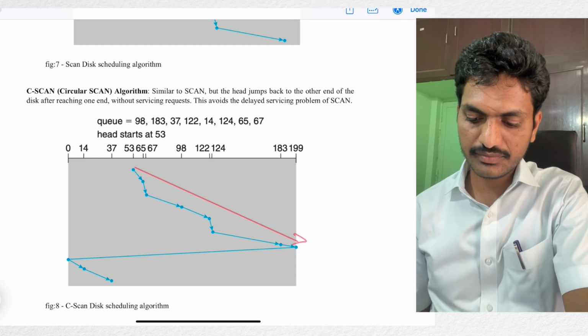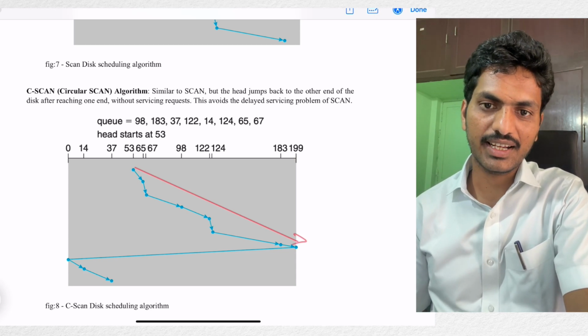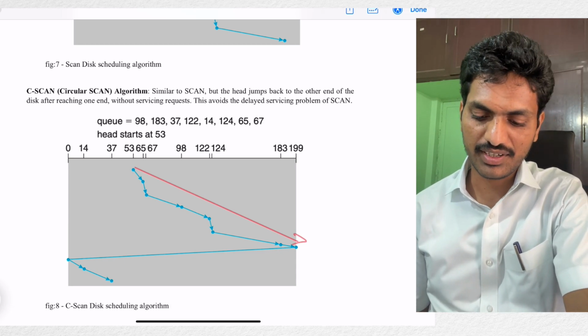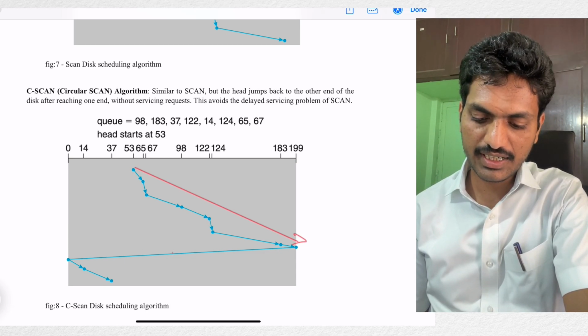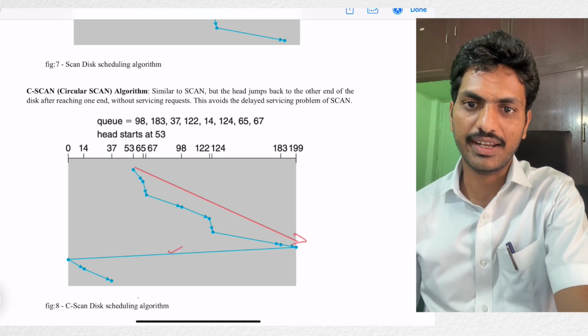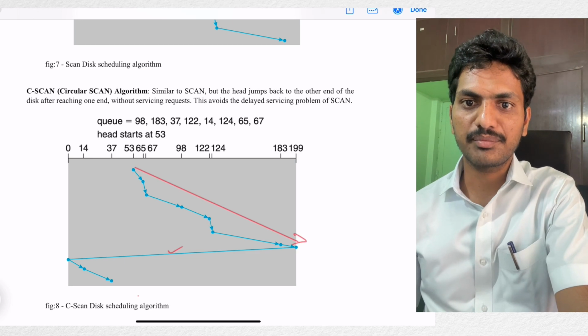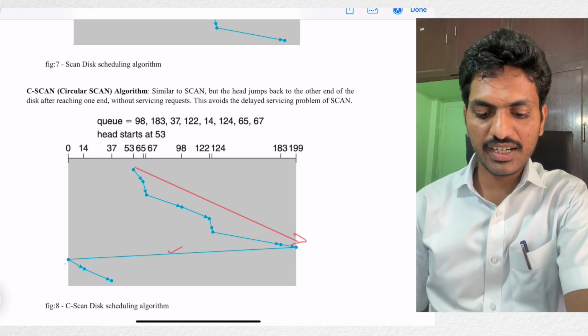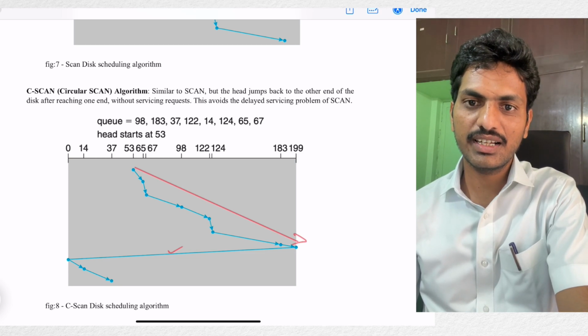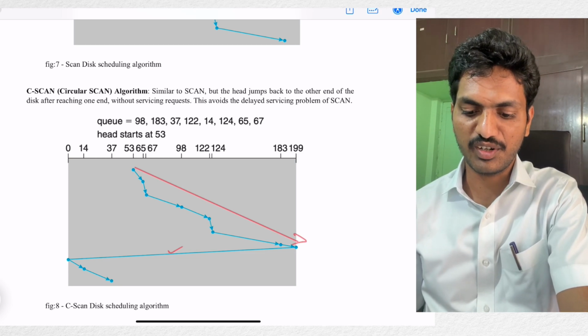And in the reverse direction, it is not reading any request. See this straight line, it is not reading any data at any location. So again, it starts reading from the left side only.